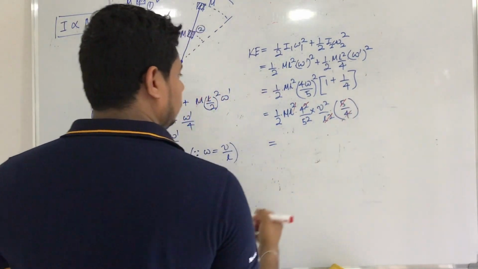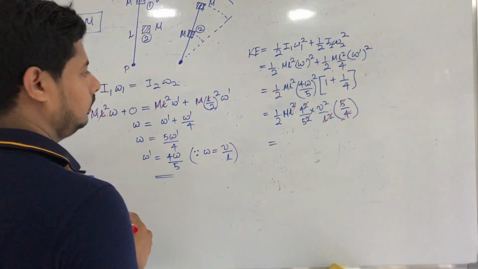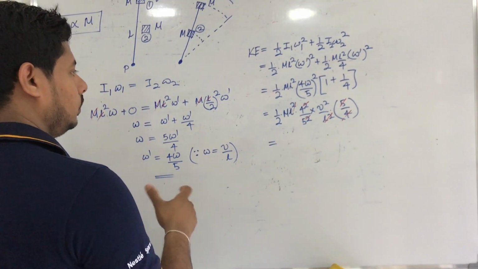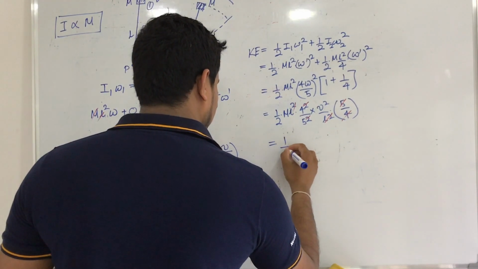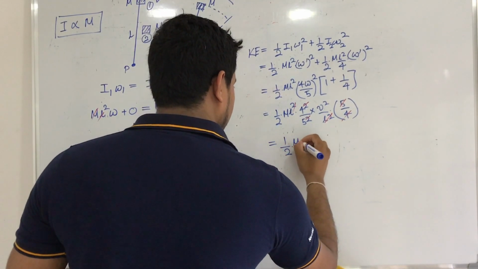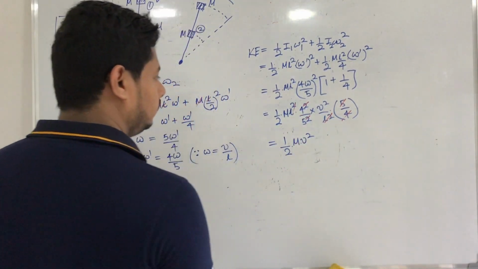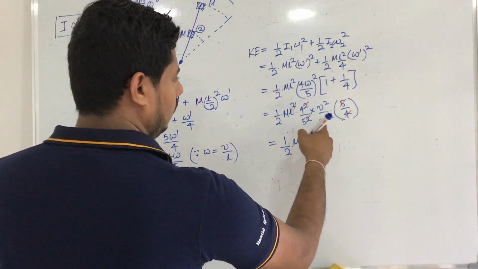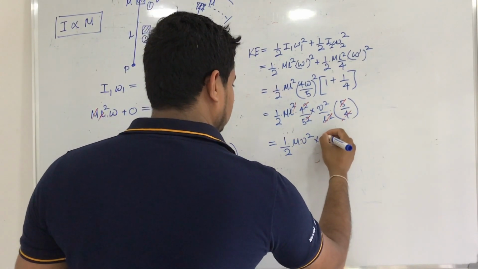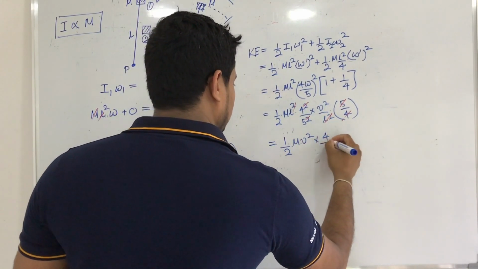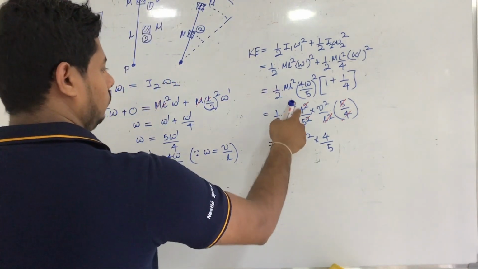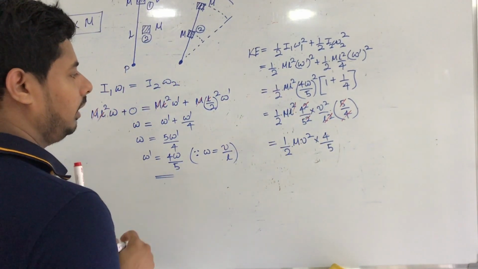Here you have 5 and 5 squared, you can cancel that. So what is remaining is the answer: half m, v squared remaining, with 4 here and 5 here.